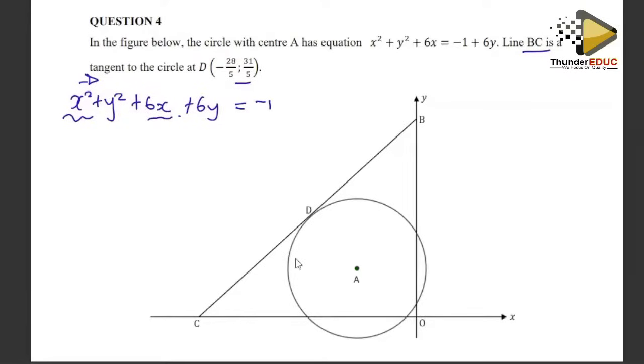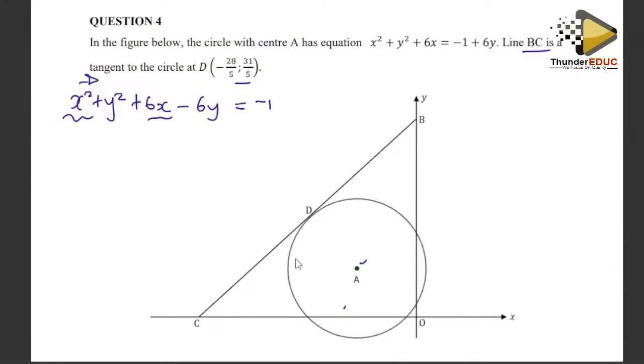Same story with the y squared and 6y. So how do we complete the squares in this case? So we can see that one value is negative, the other is positive. Oh, I'm missing something here. This is supposed to be -6y.